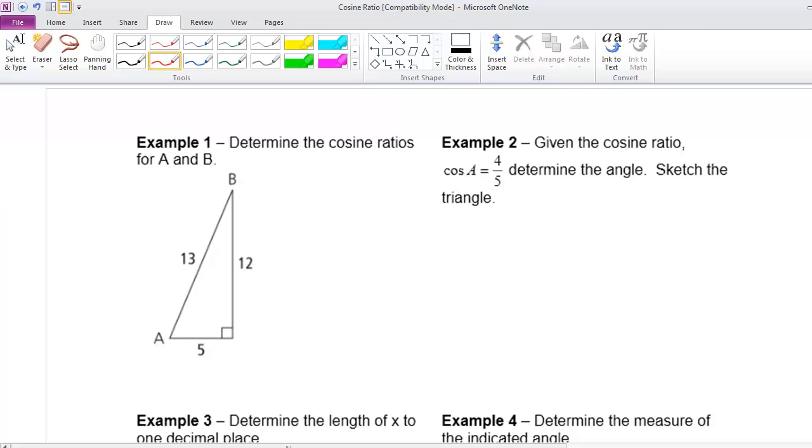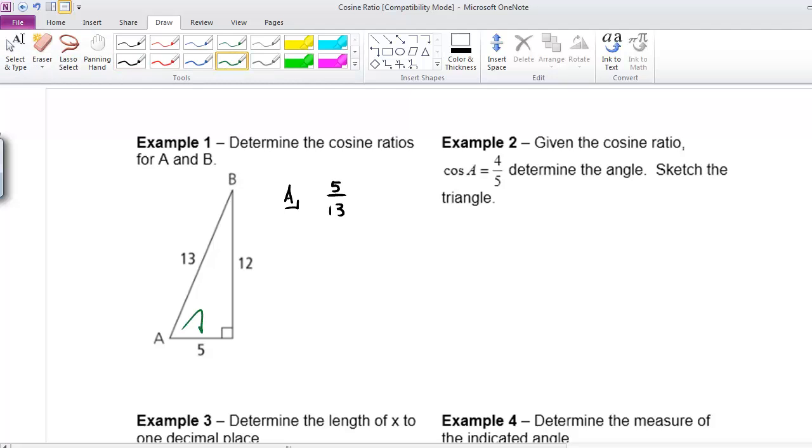The cosine ratio is just the comparison of the sides. So even though we write it all out, if I asked you, what is the cosine ratio for angle A? Well, I'm not going to write it all out this time. I'm just going to tell you that the cosine ratio of angle A is 5/13.